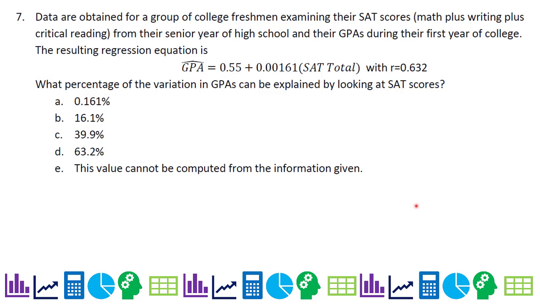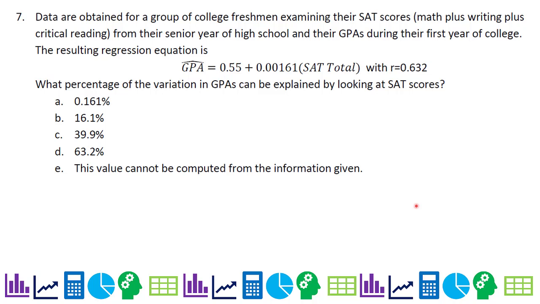Number 7. Data are obtained for a group of college freshmen examining their SAT scores, math plus writing plus critical reading from their senior year of high school, and their GPAs during their first year of college. So the resulting regression equation is predicted GPA equals 0.55 plus 0.00161 times their total SAT with a correlation of 0.632.